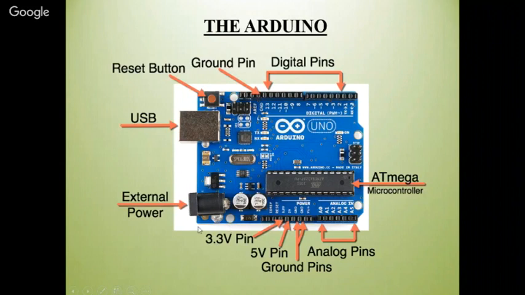At first you have to understand the difference between the input and output pins, because this 3.3 volt pin is to take the voltage, not to give the voltage. And the 5 volt pin, you can take 5 volts from the Arduino board if you want to power any circuit, like an LDR circuit. If you are using servo motors or heavy load things, then you have to give the power externally, otherwise your Arduino board will burn.